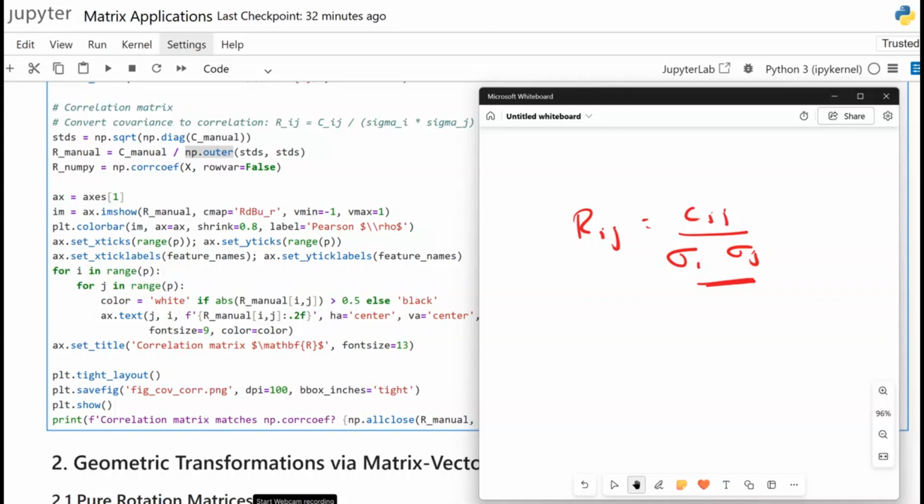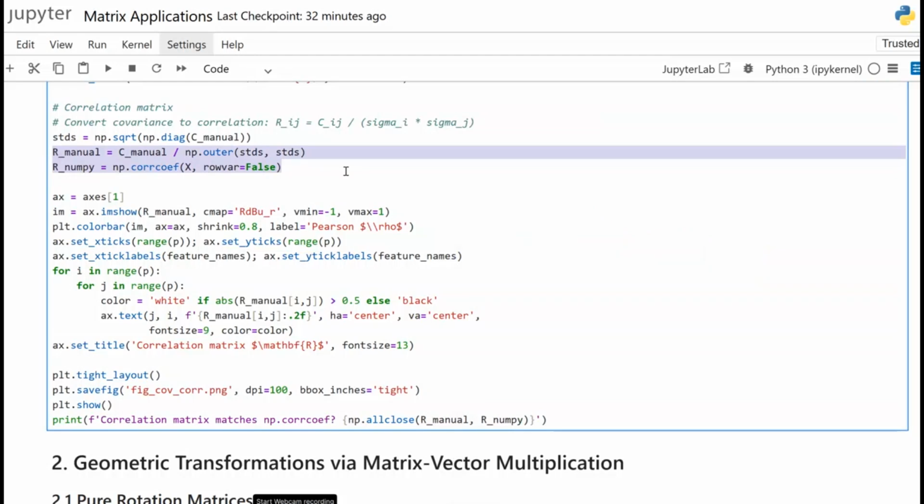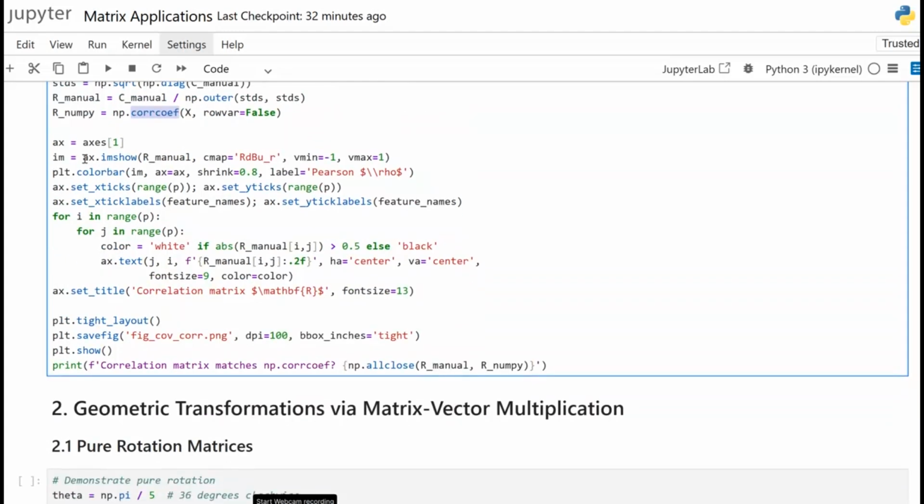Okay, so here we are going to calculate it using this. And of course, dear friends, this correlation coefficient is the built-in Pearson correlation computation, which we implement using numpy. And next, the correlation matrix visualization.